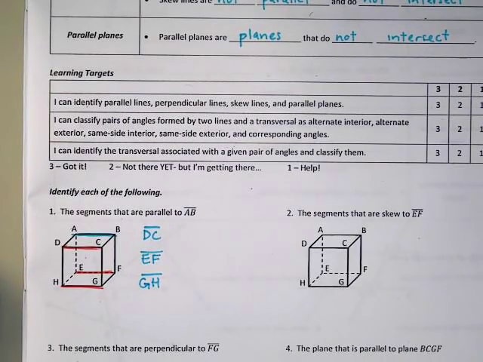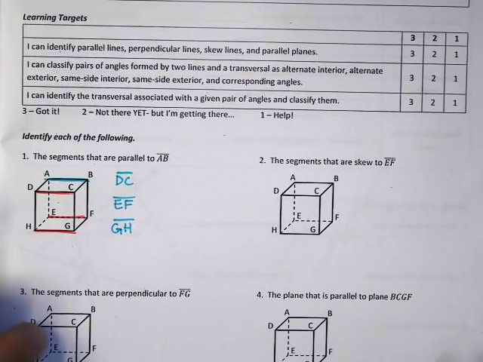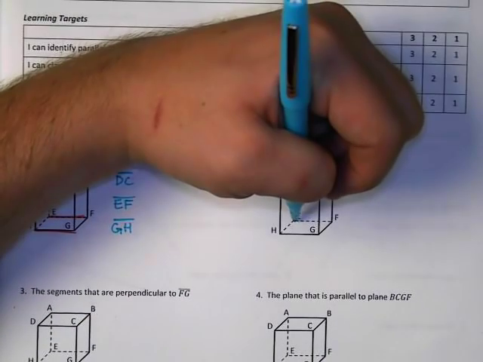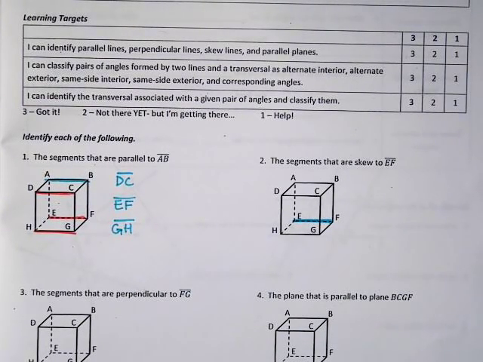Now, this one I would say is the toughest one, number 2, skew. All right, so I'm going to start by sketching where my original segment is. All right, EF. We need to find any lines that do not lie in the same plane, that are not parallel, and do not intersect.